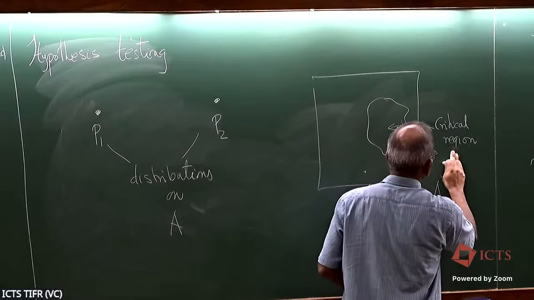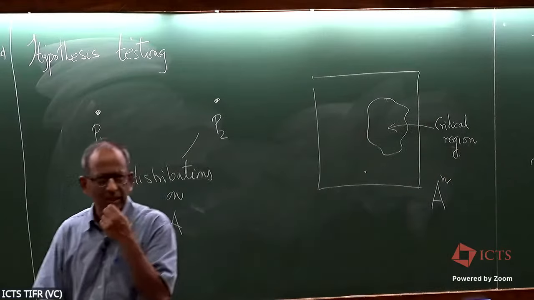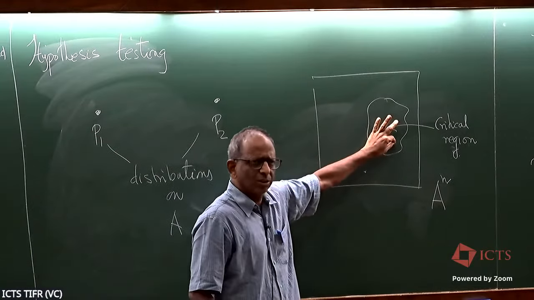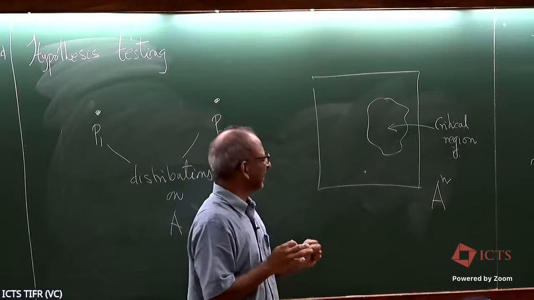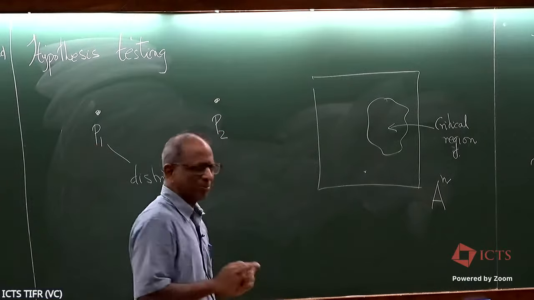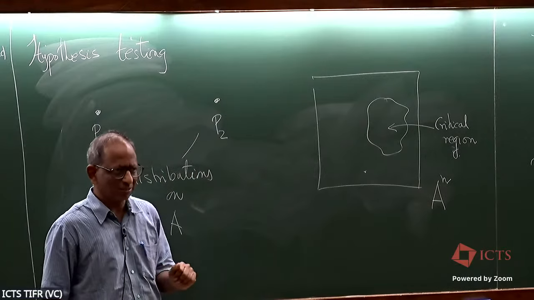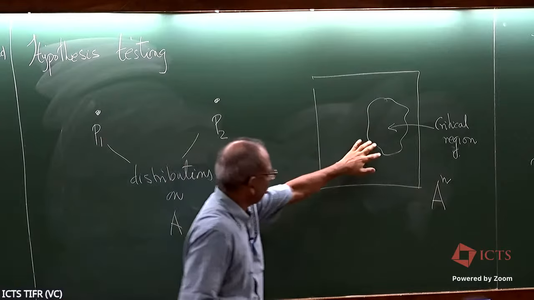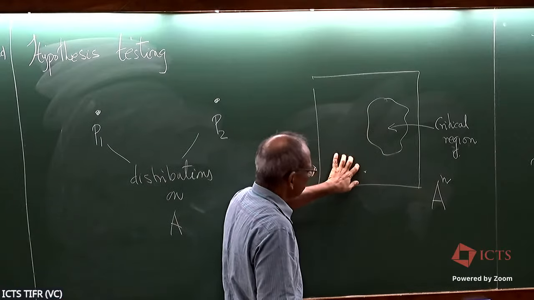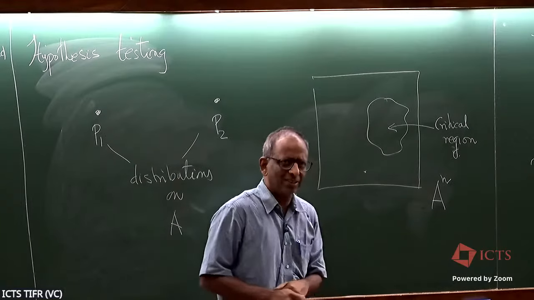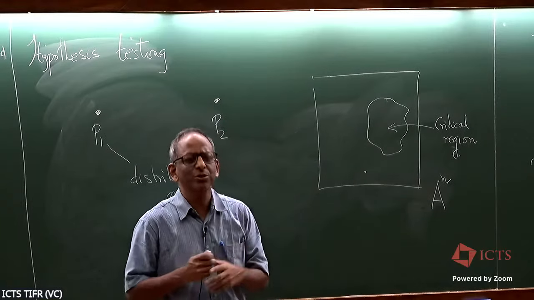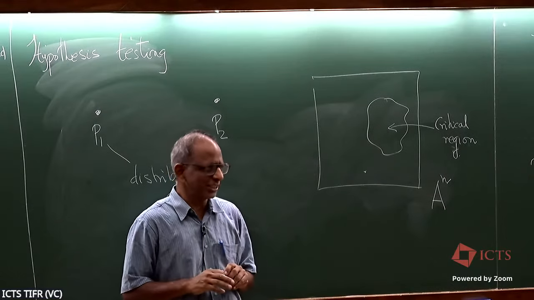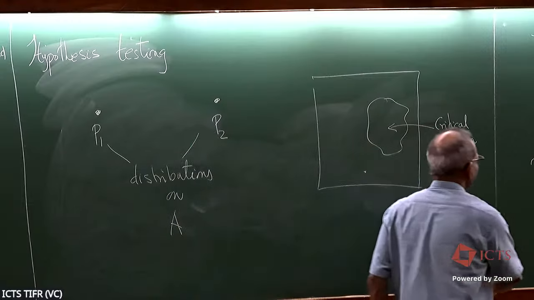So if you observe it n times and it lands here, you're going to say, well, it doesn't look like the null hypothesis holds, something is wrong. It seems to be coming from here. But if it falls outside, you sort of accept the null hypothesis. There is no reason to reject the null hypothesis. So this is the usual statistical setting. So what does Stein's lemma say?